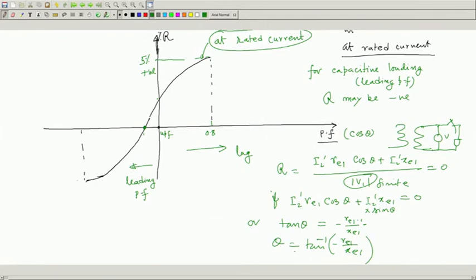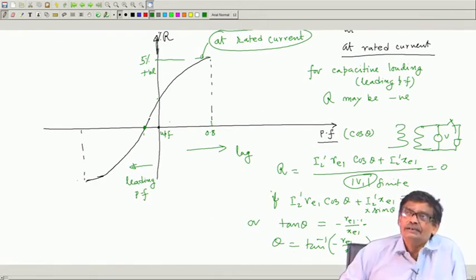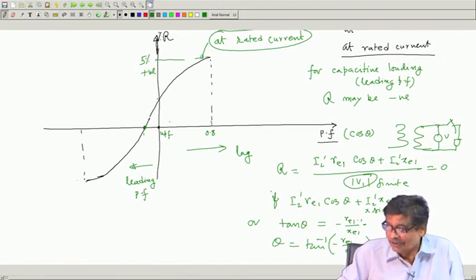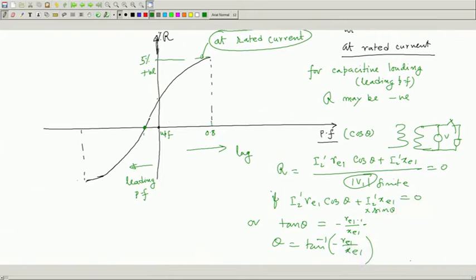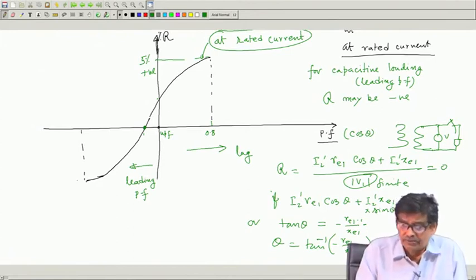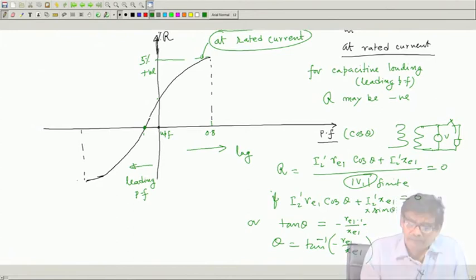Anyway, it is only a statement, that is what will happen, but unfortunately I cannot operate a transformer under this condition, because load is always lagging type. Anyway, this is a point worth noting, that regulation may be negative sometimes.